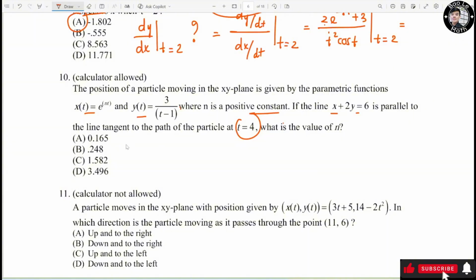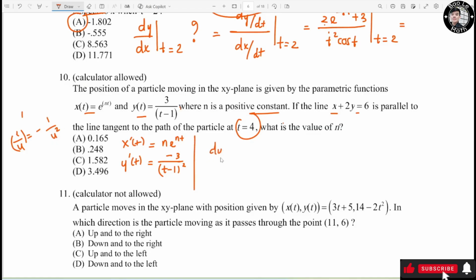So we have x prime of t is n times e to the n t, right? y prime of t equals negative 3 over t minus 1 altogether squared, right? So this one, derivative of 1 over u is going to be negative 1 over u squared.